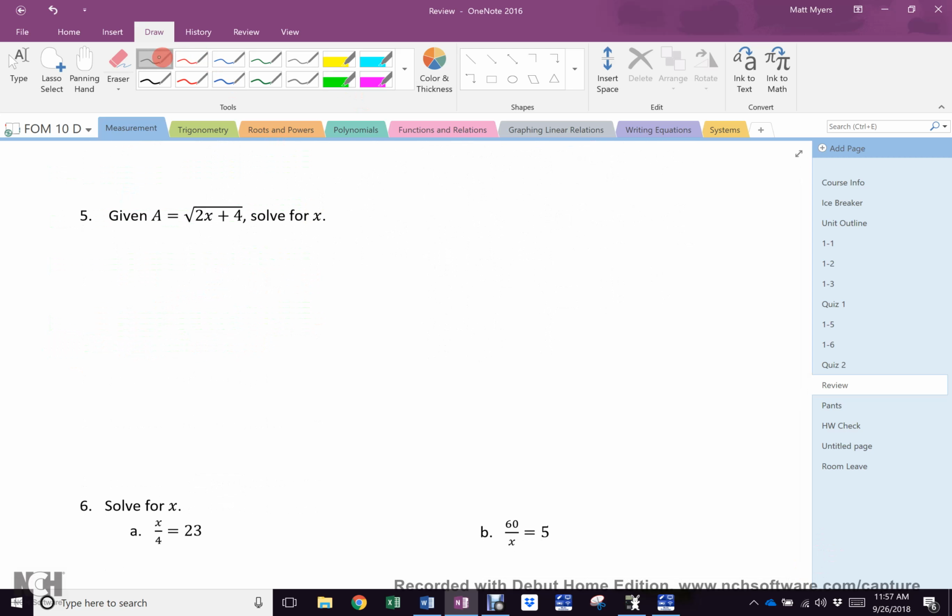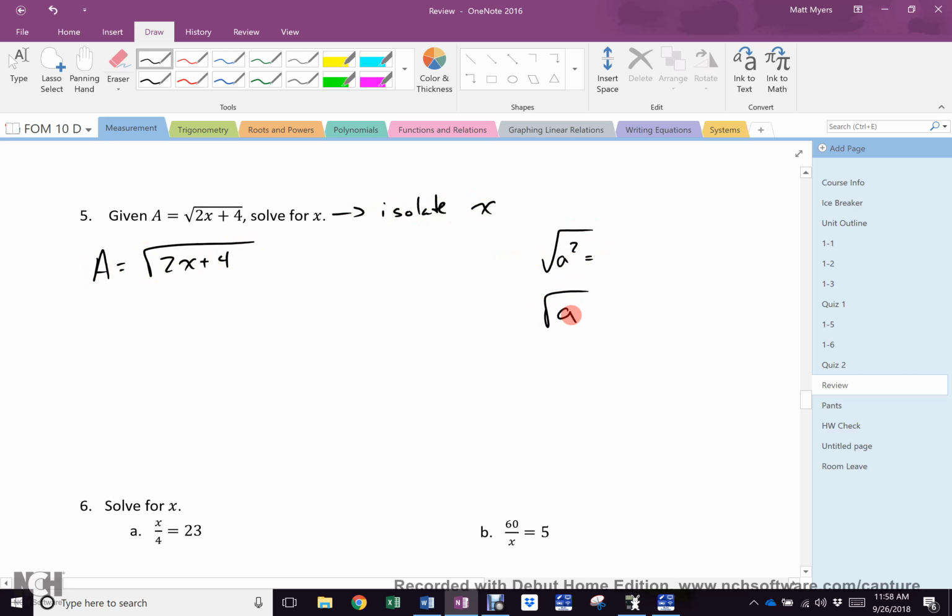Solve for x. Solving for x means isolate x. So a equals square root of 2x plus 4. Well, if you have a squared, but you need a, you know you square root it. Well, that must mean if I have the square root of a, I square it.